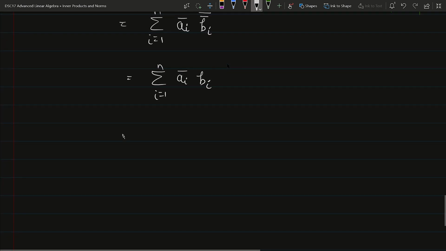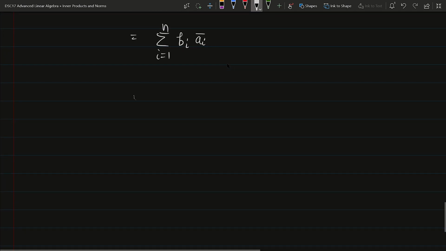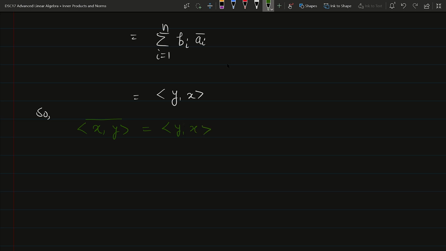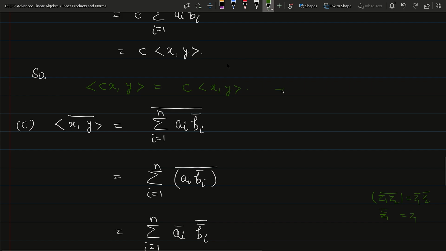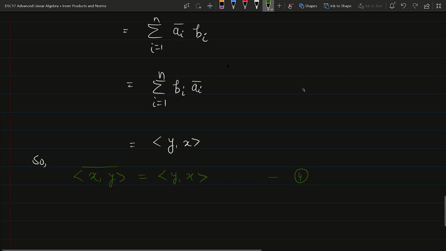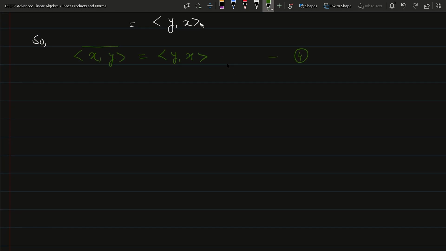Now this multiplication can also be written in our known form, that is bi ai bar, and this is nothing but by definition y comma x. So we have that x comma y bar is equal to y comma x, and hence the third condition is also satisfied. Let me call it 4 and the previous one was 3, so that at the last we can write from 1 2 3 4, this is an inner product.